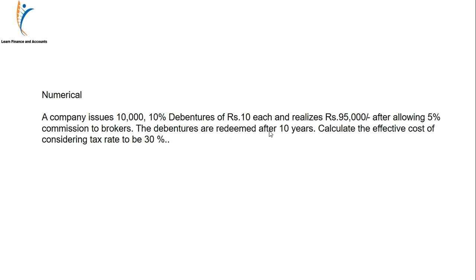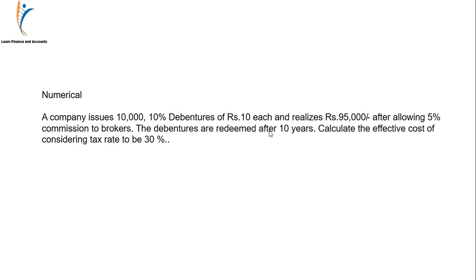So now let us do a numerical on this. A company issues 10,000 10% debentures for 10 rupees each. What is this 10 rupees? 10 rupees is the face value, and it realizes 95,000. So although the company had issued 10,000 debentures for 10 rupees, it should have got 1 lakh rupees, but it gets only 95,000.